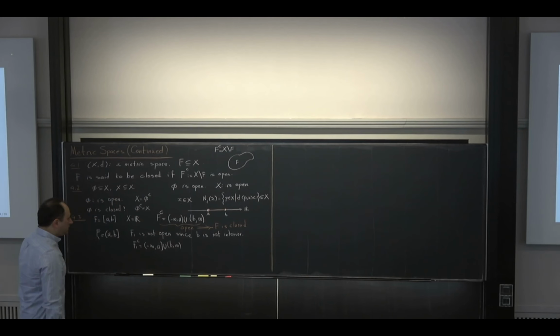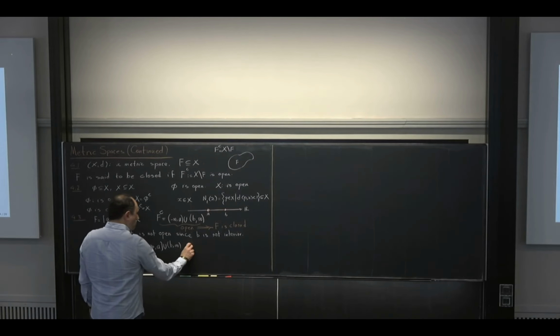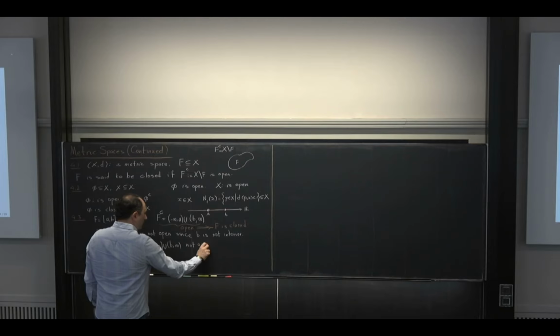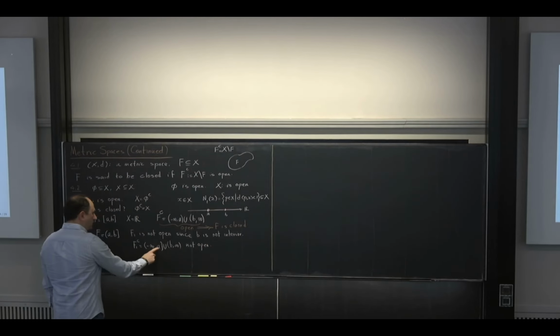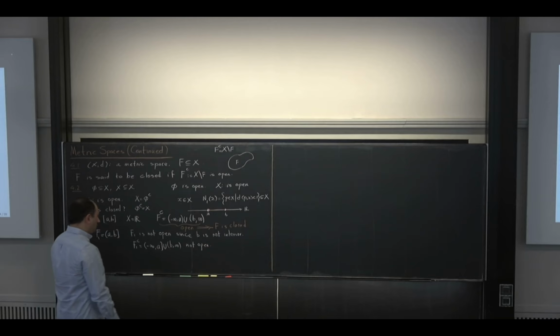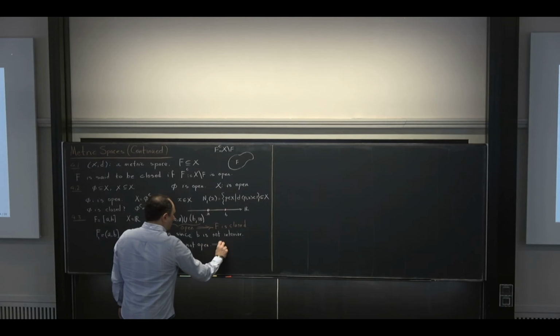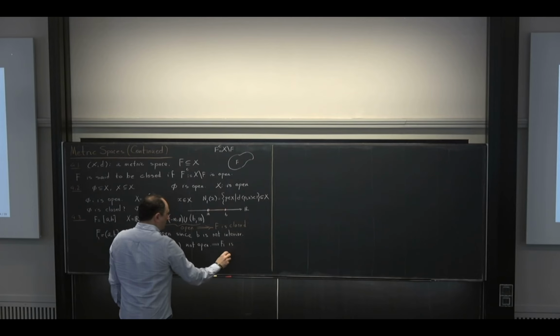But this one is not open. Yes? Because A is included. Right? So this means that this is neither open nor closed. Not open. Why? Because this one is not an interior. So this means that F1 is not closed.